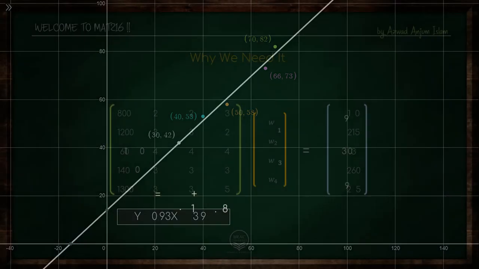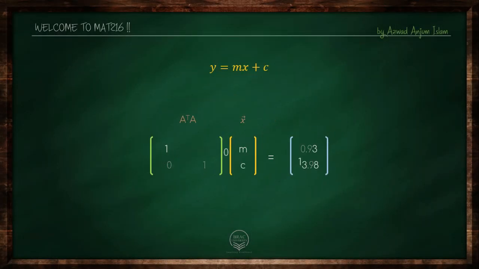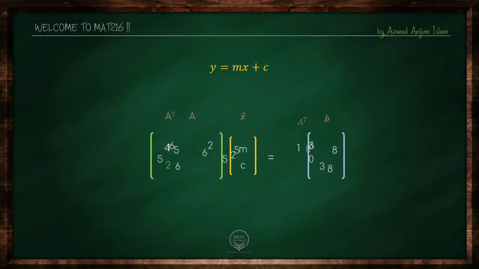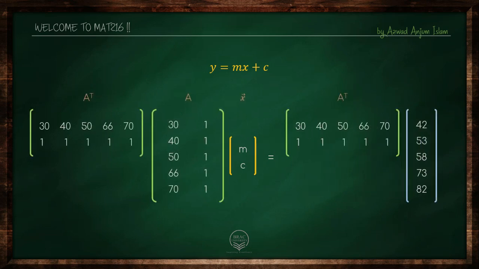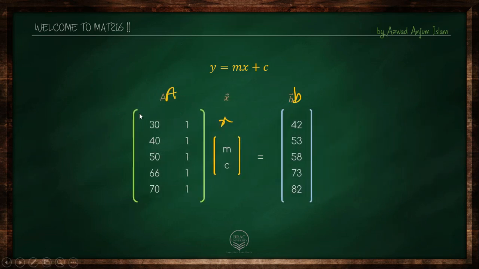And again, I just want you to remember that when you are in this phase, don't do row operations. This is an inconsistent system. If you do row operations, you are going to create new data.